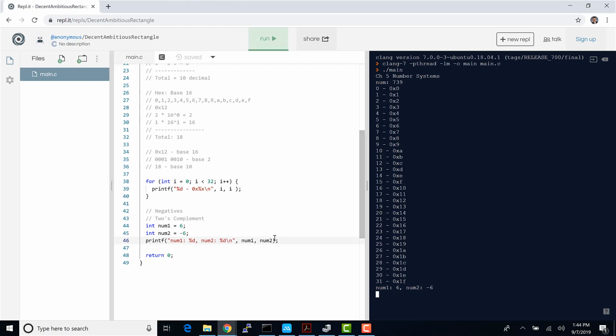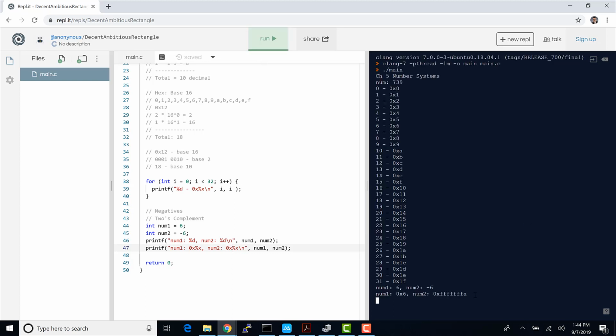The surprise comes when you print these out as hexadecimal values. If I print the same thing again, but this time print these as hex values, so let's print both of these as 0x and 0x.